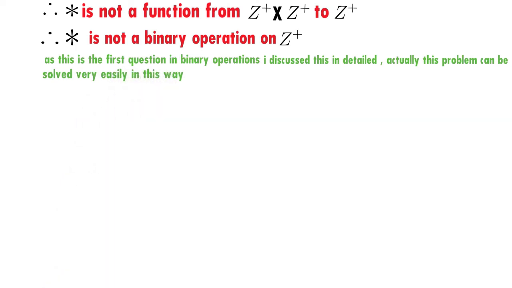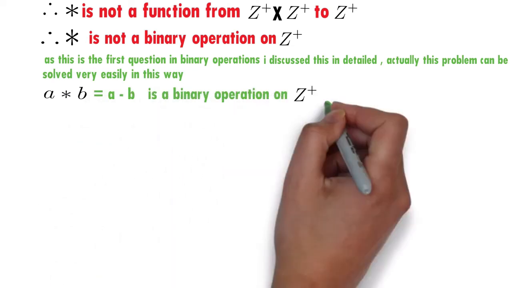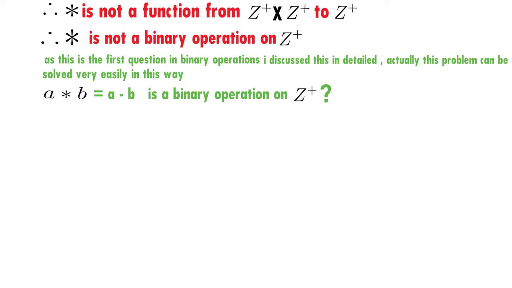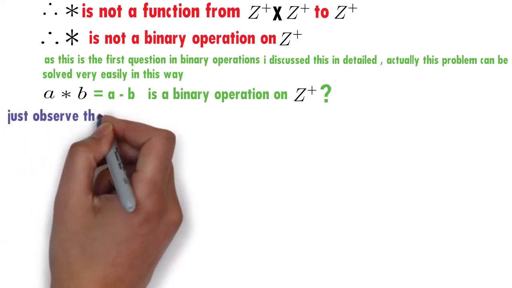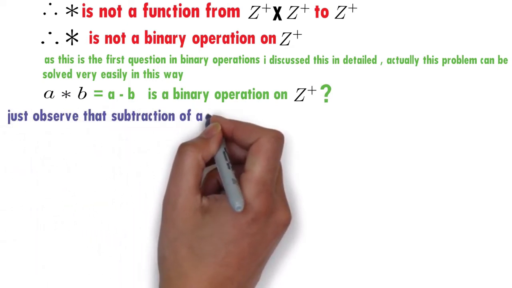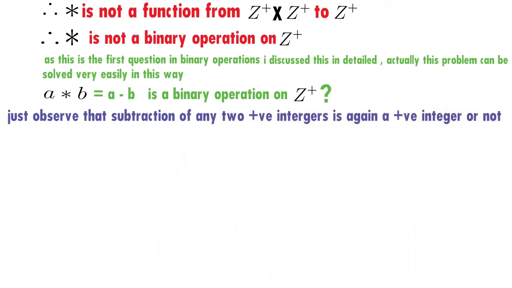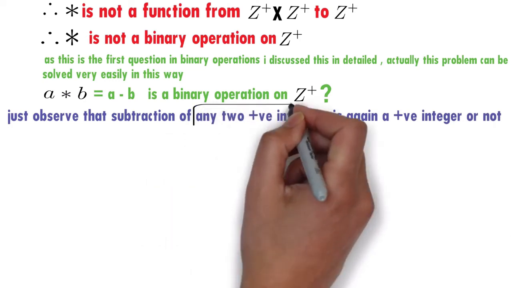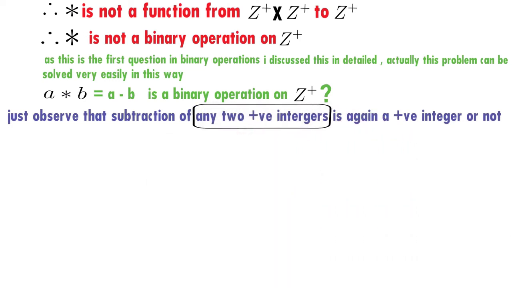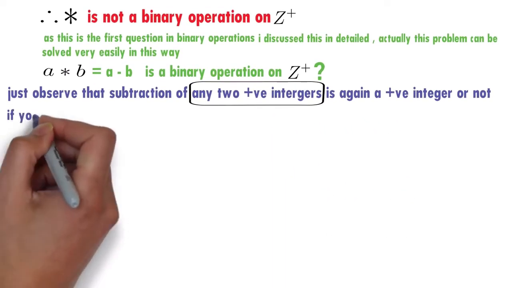What is the question? A star b equals a minus b is a binary operation on Z plus? Just observe, is subtraction of any two positive integers again a positive integer or not?